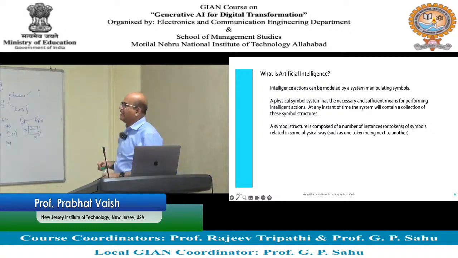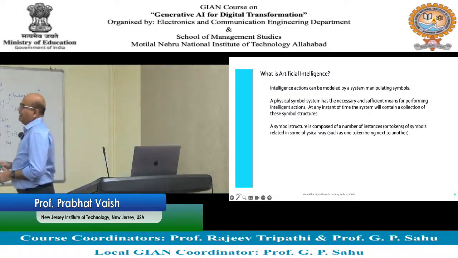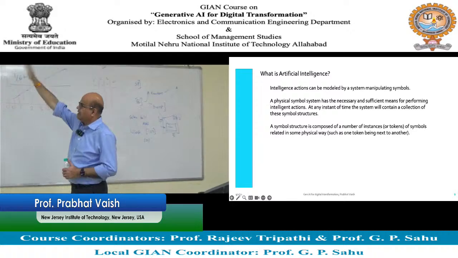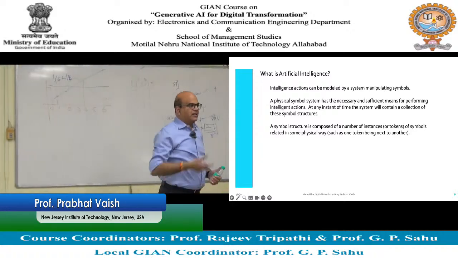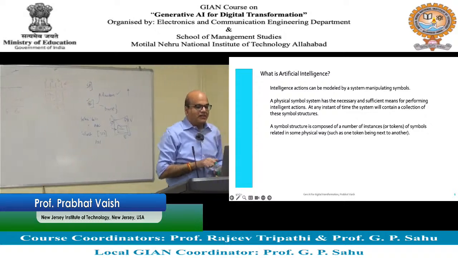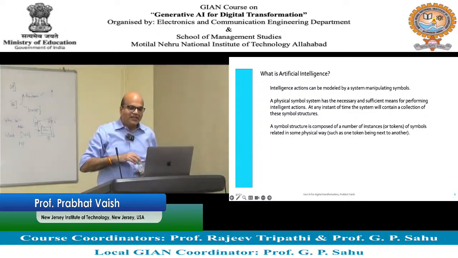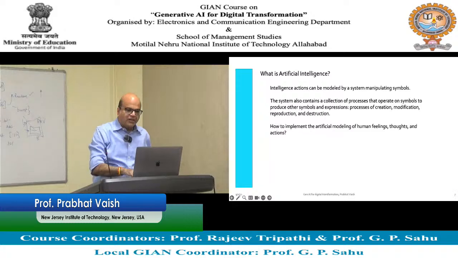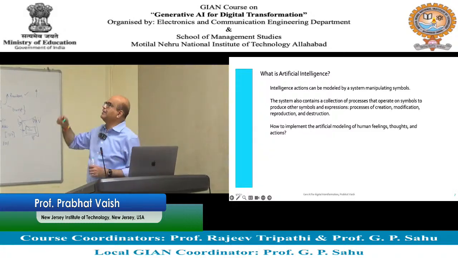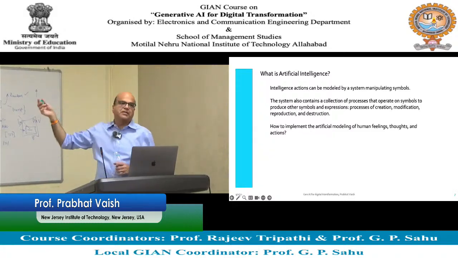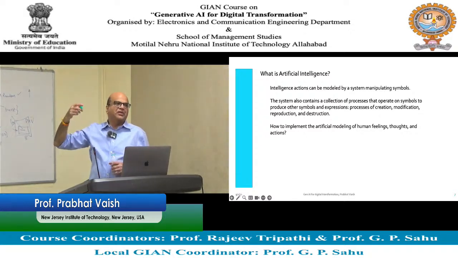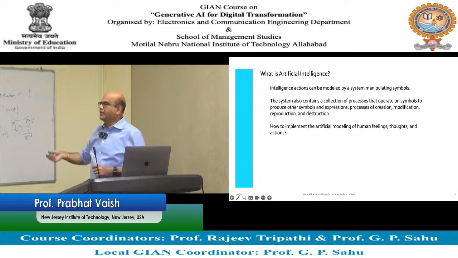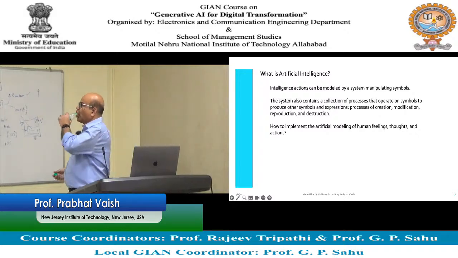Haven't achieved that, but that's basically what it is even now. What we are trying to do is just this. Figure out a symbol structure, figure out a way to manipulate it, and hopefully it will learn intelligence. Does it make sense? So we continue to do that. The only thing we'll have to continue to think about is what those symbols are, how you organize them, and the same three things which I asked a few minutes ago. How do you generate the alternatives? How do you figure out which one is the best alternative?